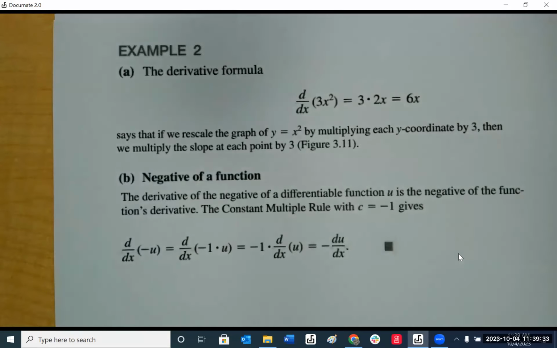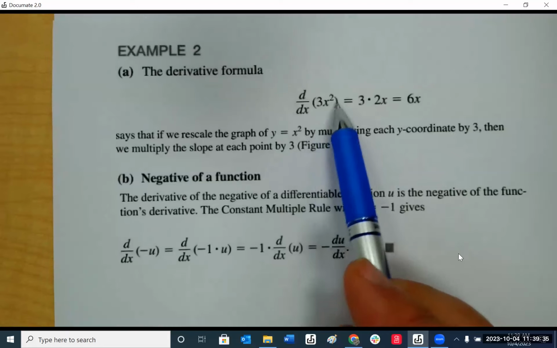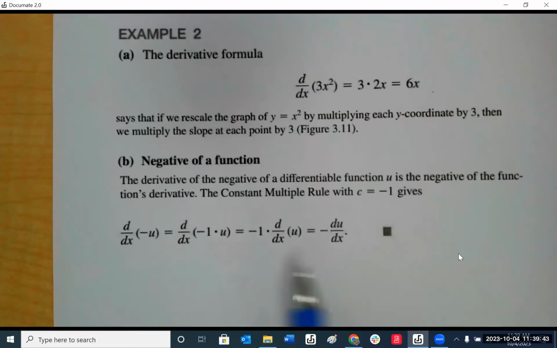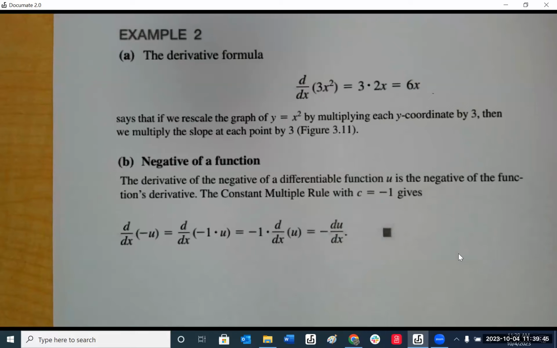If you take the derivative of 3x squared, it'd be 6x to the power 1. But if it's negative, keep it negative.